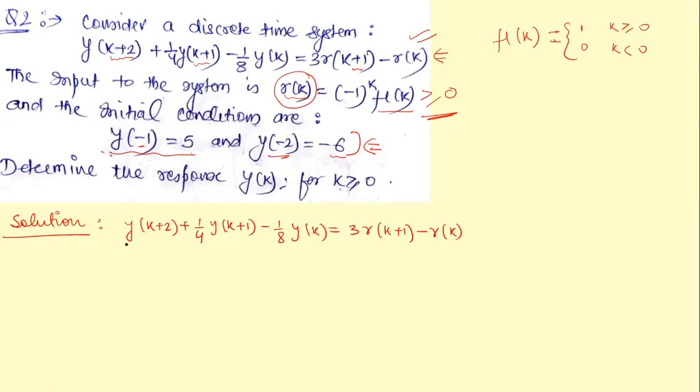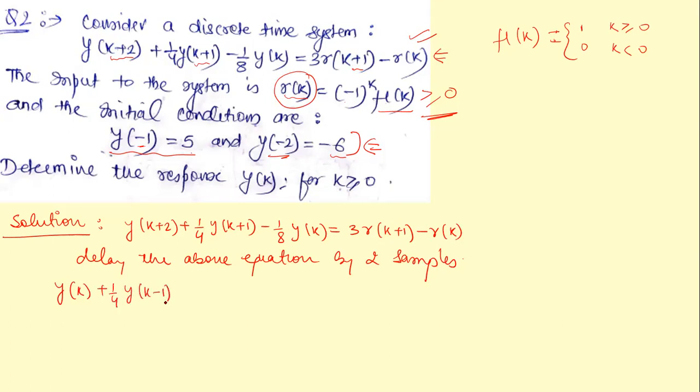So let us delay the above equation by two samples, right? So on doing so, we have y[k] plus 1 by 4 y[k-1].